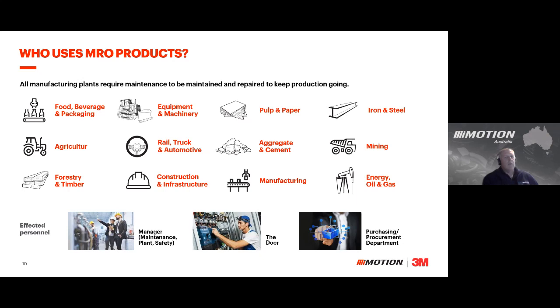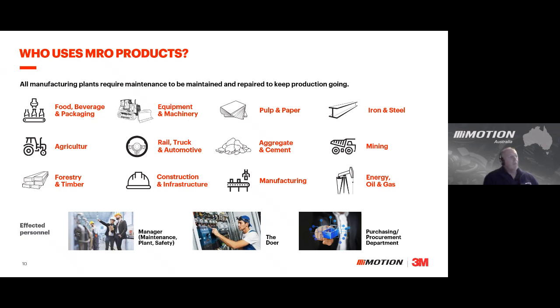So MRO products are used across multiple industries, from the food and beverage industry through to the oil and gas industry. There are also many people that are involved in these industries, and to understand and consider what the products are that are needed in ensuring the manufacturing equipment and factories continue to do the work that is needed from them.